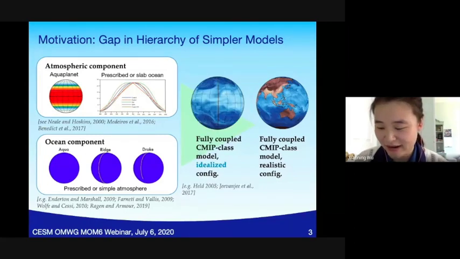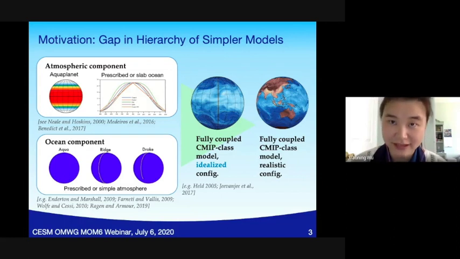That's where our work comes in: using fully coupled CMIP class models, but with idealized configurations in terms of the boundary condition. So we have idealized geometries that include both the full or quasi-aqua planet and idealized continents.